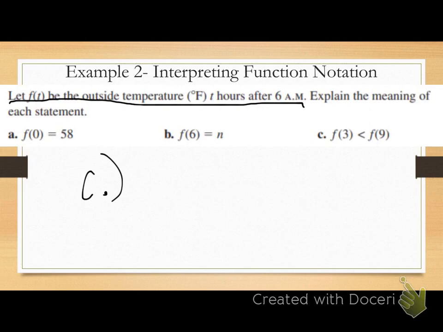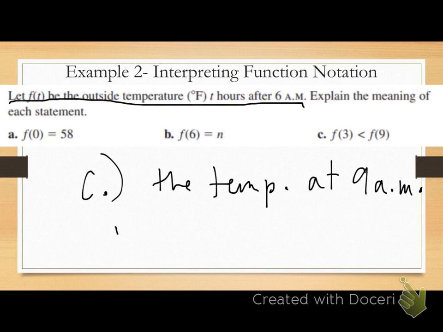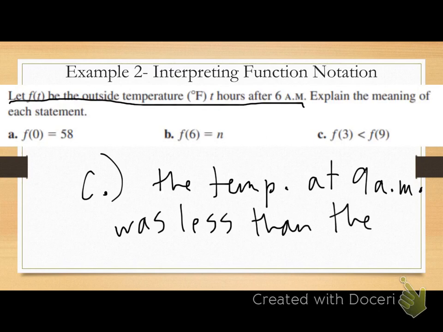So here what this statement is saying on letter C is the temperature at 9 a.m. was less than the temperature at 3 p.m. because it's saying f of 3 hours after 6 a.m., which is 9, is less than f of 9, which is 9 hours after 6 a.m., which would be 3 o'clock p.m. So the temperature at 9 a.m. was less than the temperature at 3 p.m. Hopefully that makes sense.